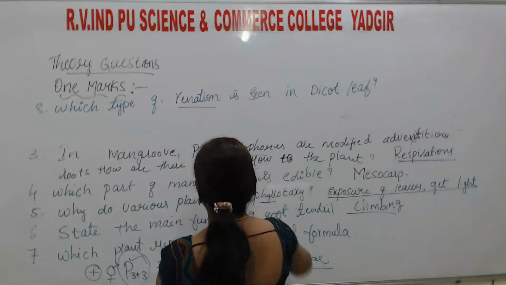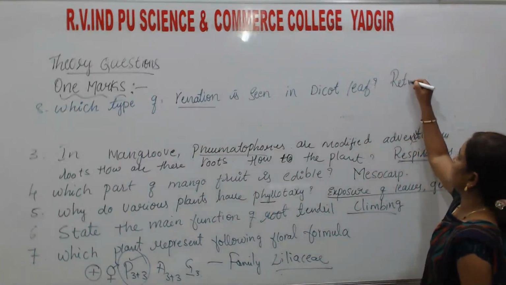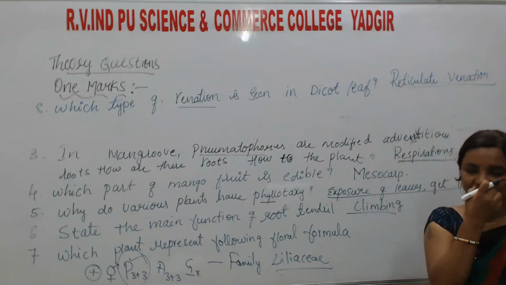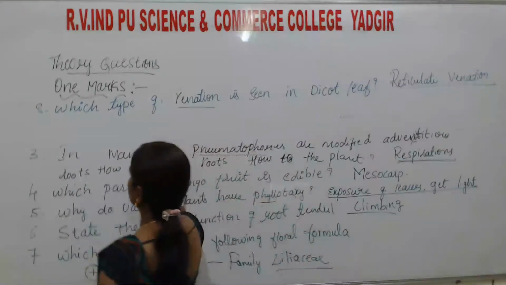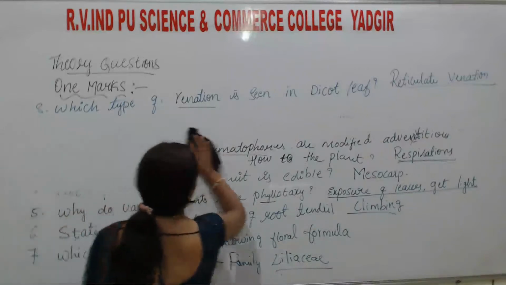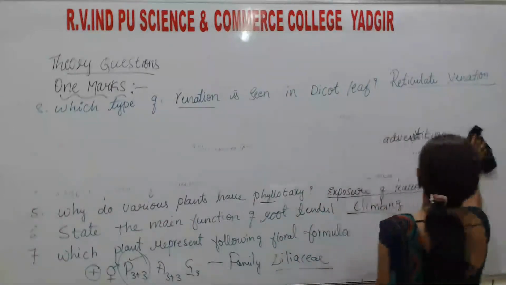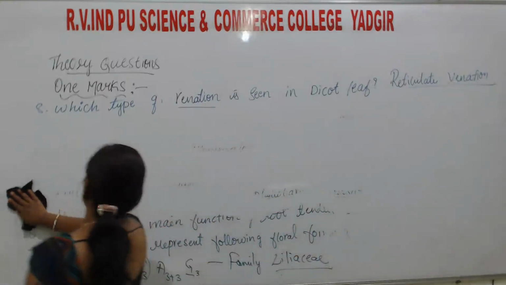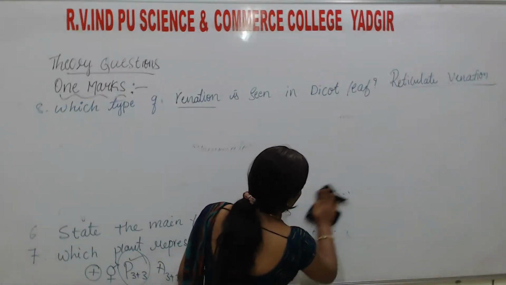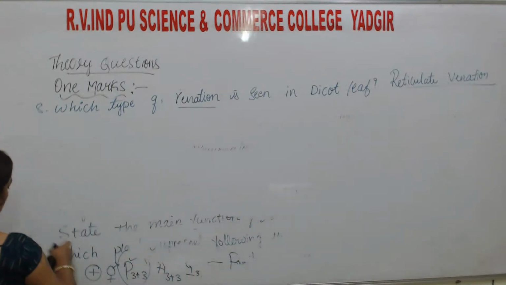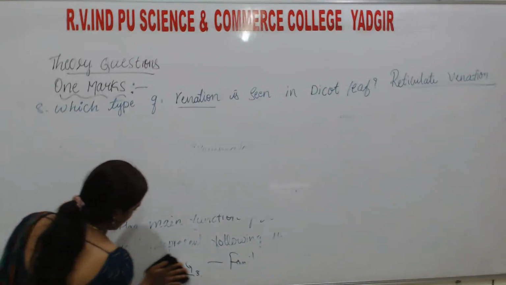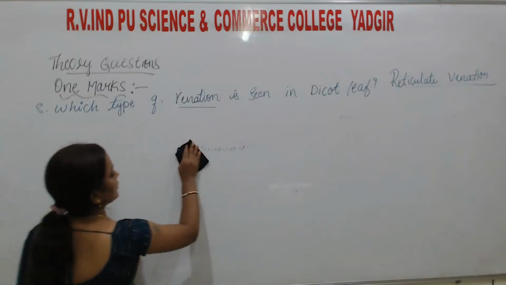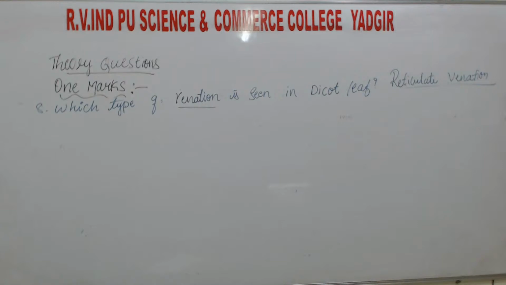What type of venation are we seeing here? So that is reticulate venation. Answer: reticulate venation.